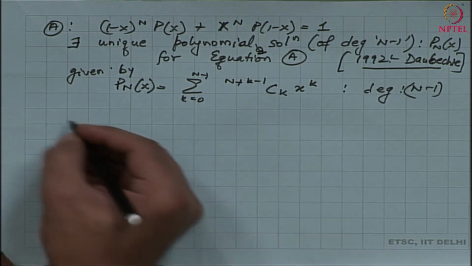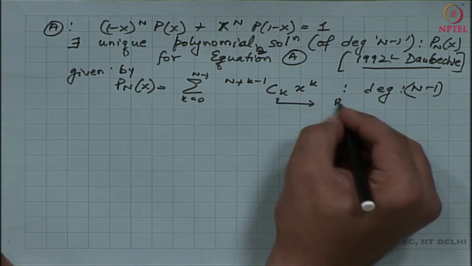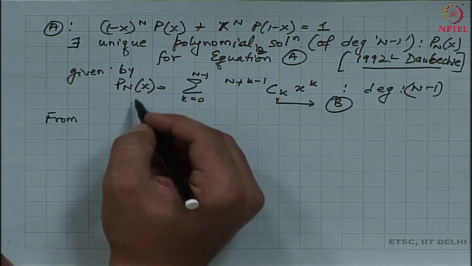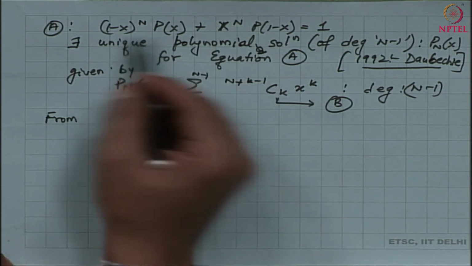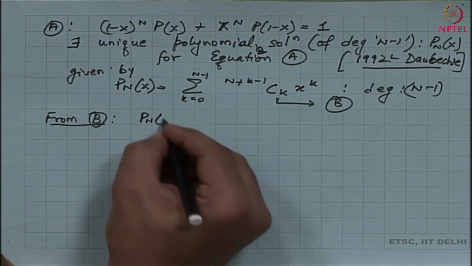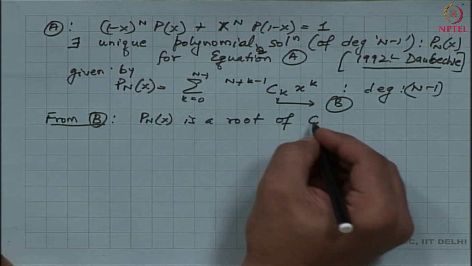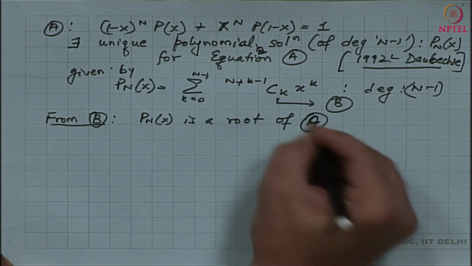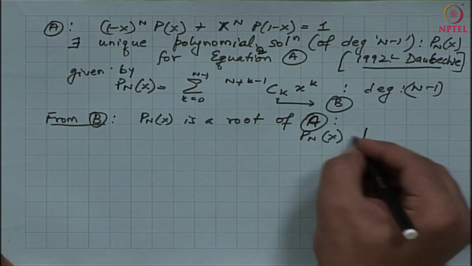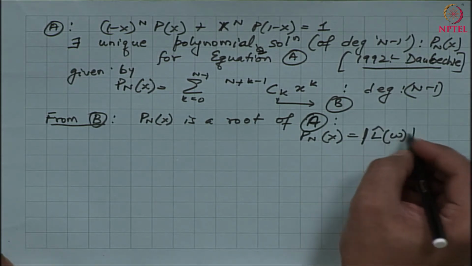Let me call this expression B. From B, what I see is that p n of x is a root of this particular polynomial equation given by A. I have that P n of x is nothing but the absolute value square of my polynomial L hat omega.